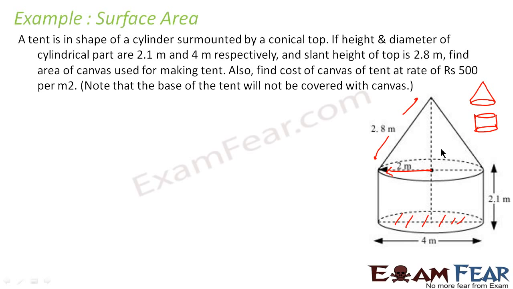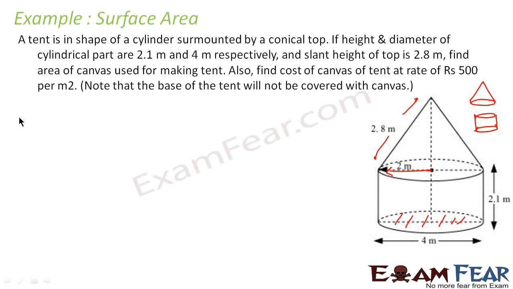How to approach? To find the curved area of the cone, the formula is pi r l. We know r, we know l. We can find the curved area of the cone. To find the curved area of the cylinder, you need 2 pi r h. We know r, we know h. We can find the curved area of the cylinder also.